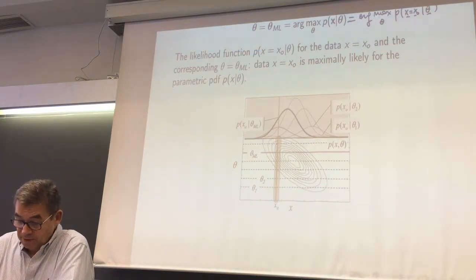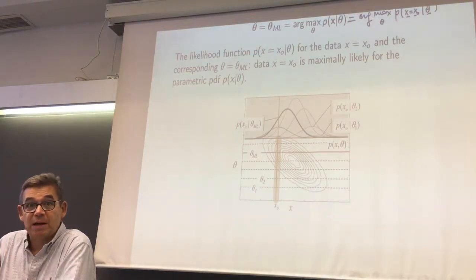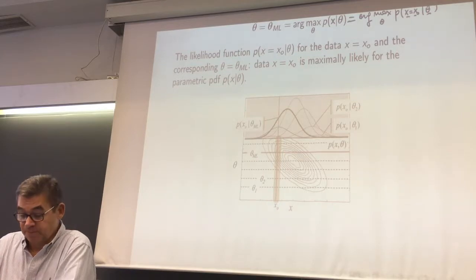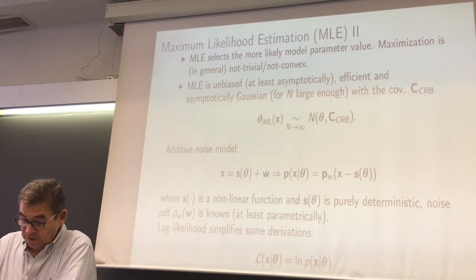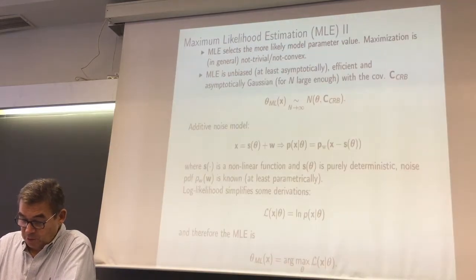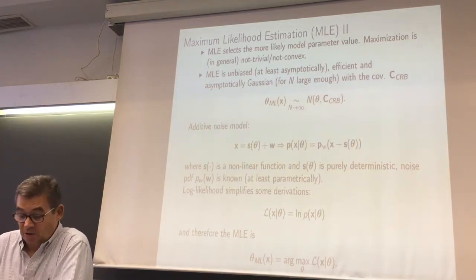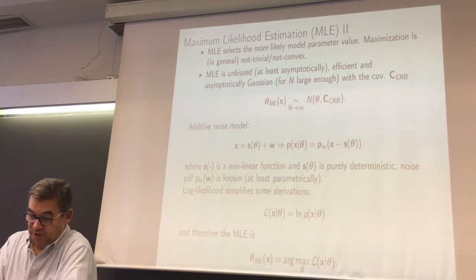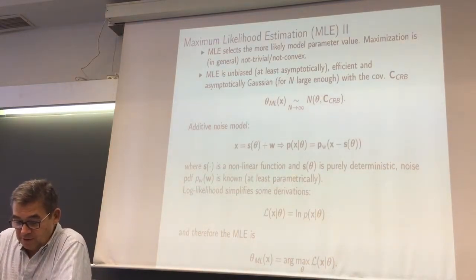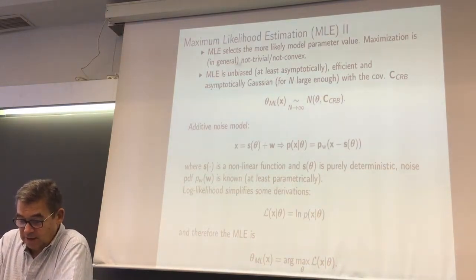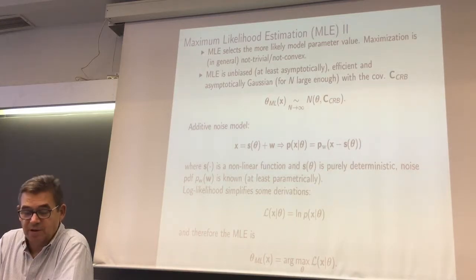Now, let's see what is the benefit of this estimator, which is essentially very simple. It selects the most likely model parameter, and the maximization is okay. Let's discuss it in a minute.